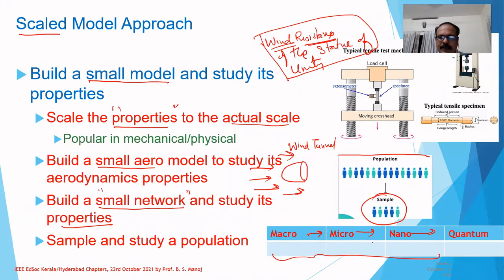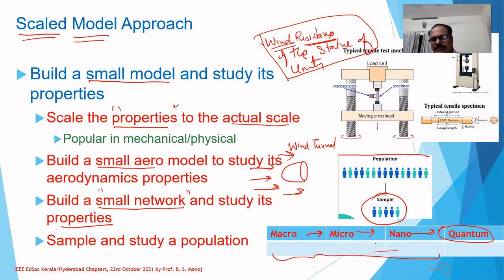For example, except probably nano to quantum level, because when it is coming to the quantum level, the properties change and the scaling does not work. So wherever the properties in the scaling domain are retained, you can actually do a scaled model approach, if your research problem is such that you will be able to do that.